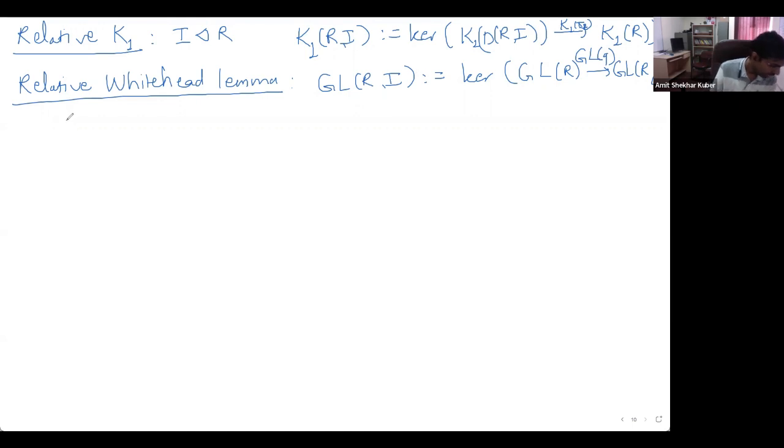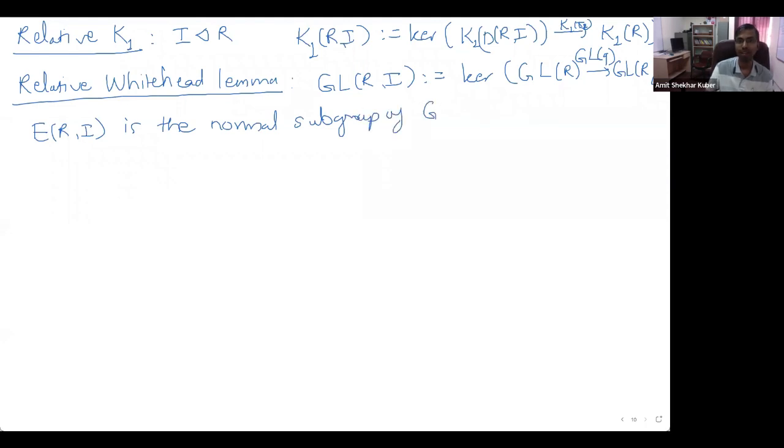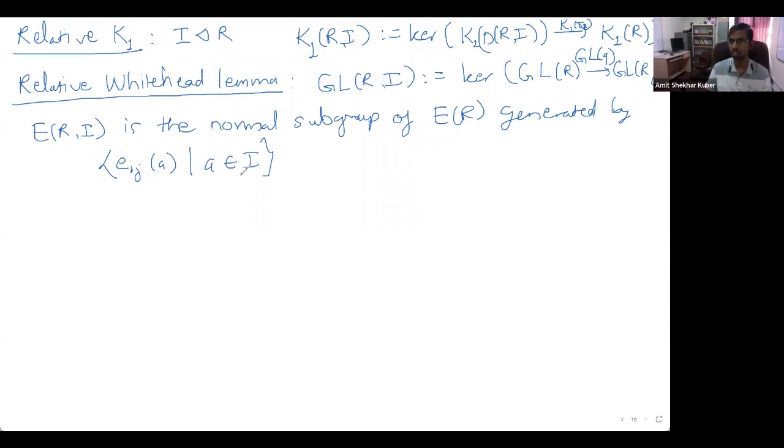Then E(R,I), defined slightly awkwardly, is the normal subgroup of ER generated by the elementary matrices e_ij(a), where a belongs to I. So we just know it is the normal subgroup generated by such elements. We don't exactly know what it is.